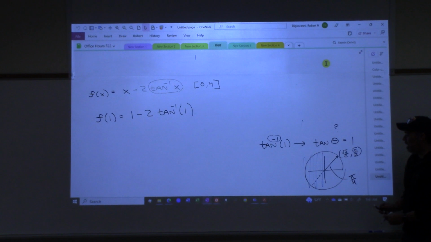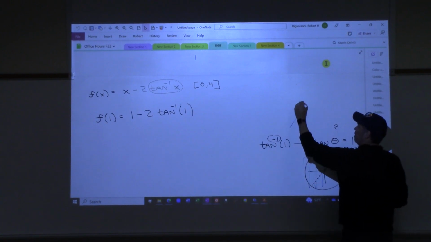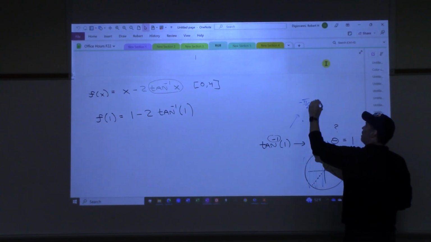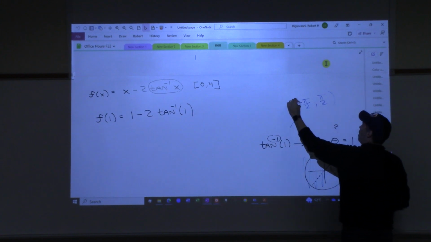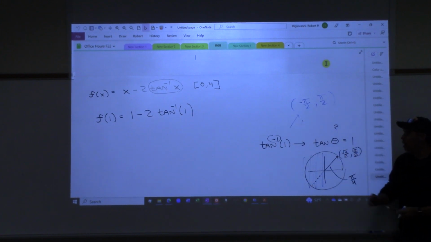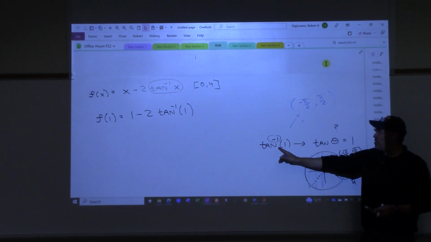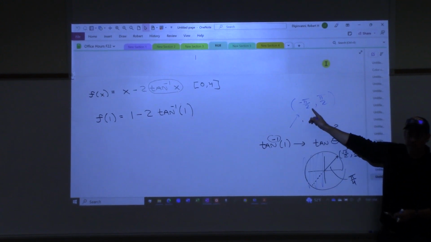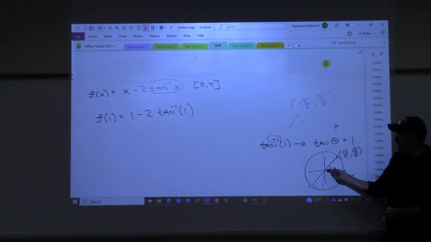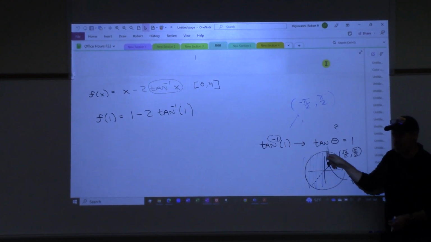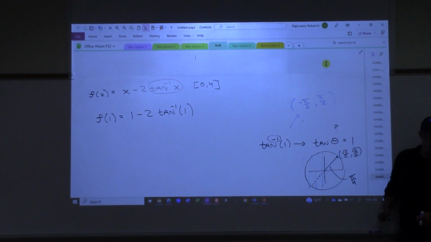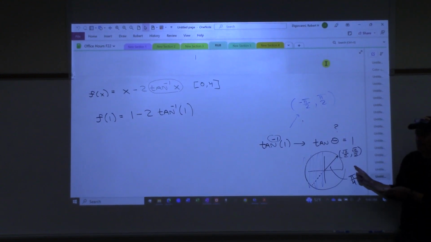All answers that come out of an inverse tangent function must be angles between negative pi over 2 and pi over 2. And so pi over 4 is the only answer that satisfies that. I'm not here to redo pre-cal. I'm just pointing out this is the better way.